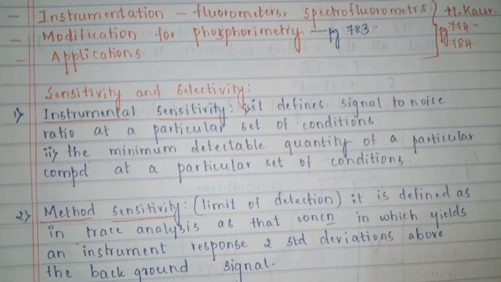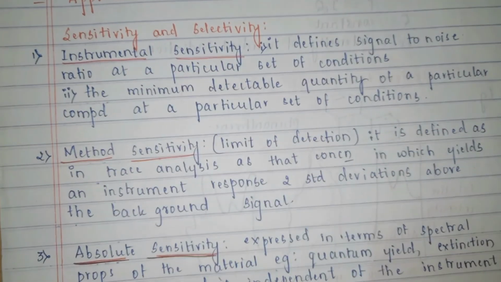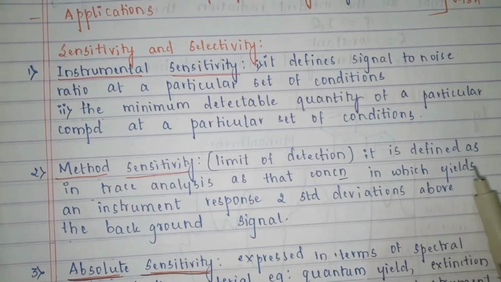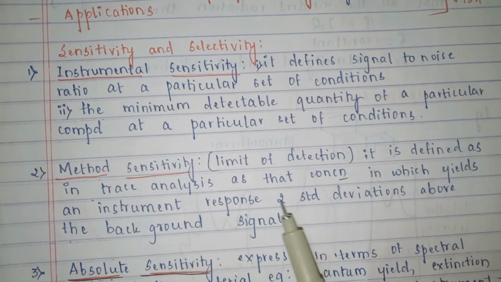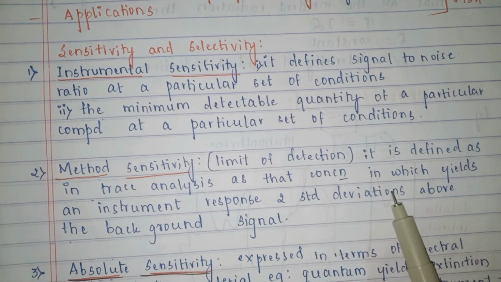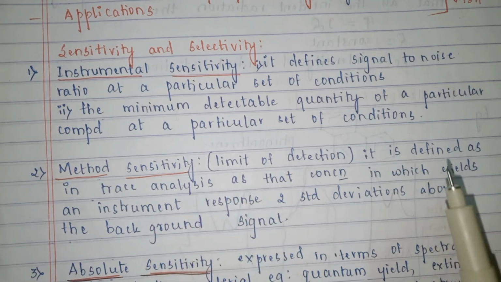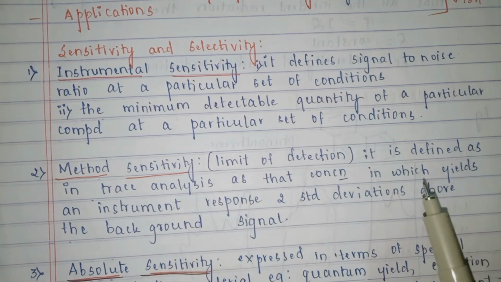Now the next is called method sensitivity. It is the limit of detection. It is defined in trace analysis as that concentration which yields an instrument response two standard deviations above the background signal. That means this is a method. We always try to compare two types of concentration or two types of deviation.